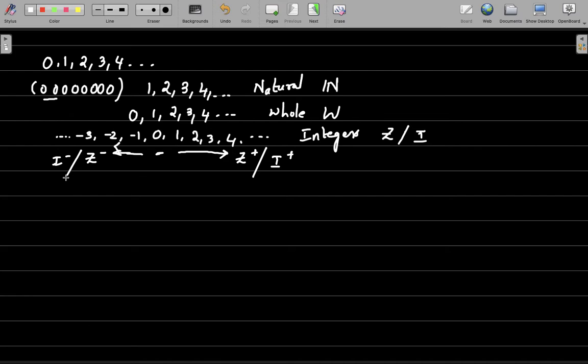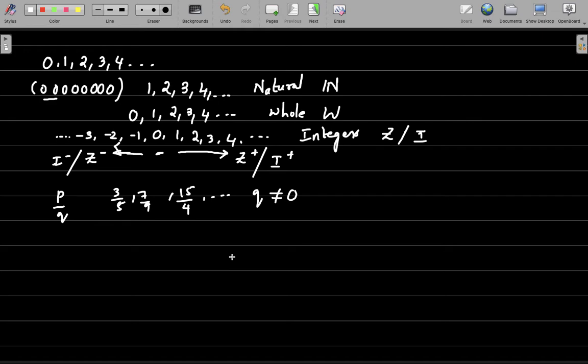Then we have something called as rational number. A number which can be expressed in the form of p by q is called as a rational number, like say 3 by 5, like say 7 by 9, like say 15 by 4. All these are rational numbers, numbers which can be represented in the form of p by q, where your q, that is the denominator, is not equal to 0, because any fraction with 0 denominator is not defined.